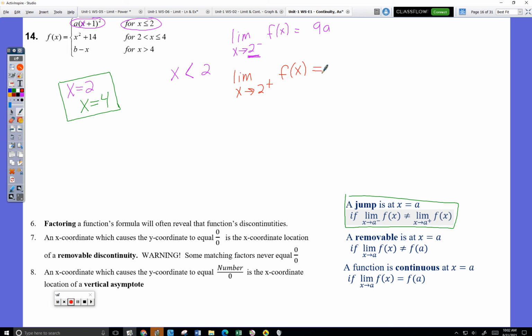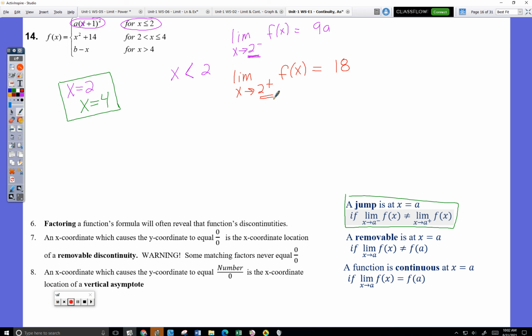Let's go Harrison. Harrison votes for 18. Who would support Harrison? Point. We want to talk about it. Please. 18. So question. You're okay that we're checking the left and right limits? Okay.